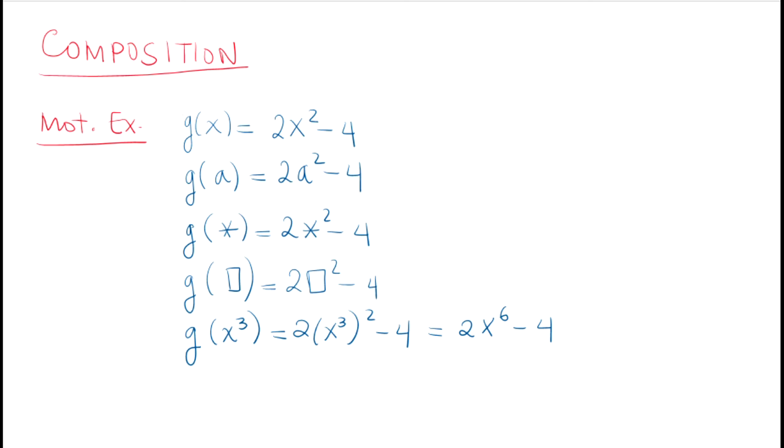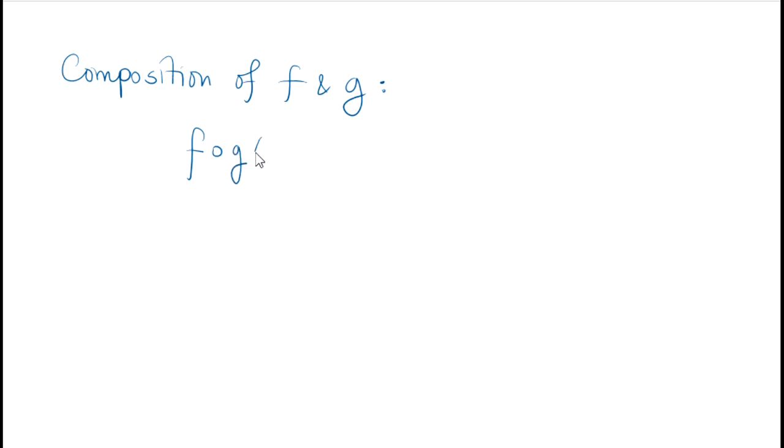So let's define the composition. The composition of f and g is defined by, we write it with the circle, f circle g of x, which means in f you insert the function g.